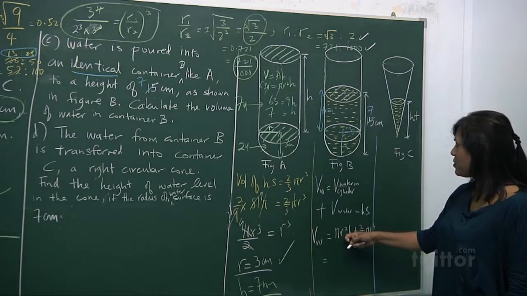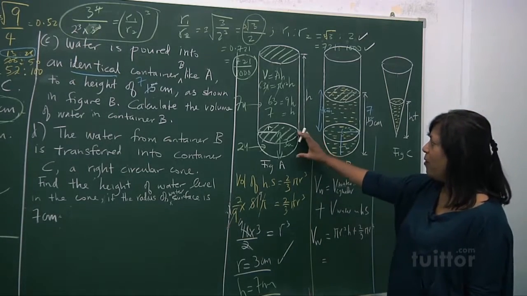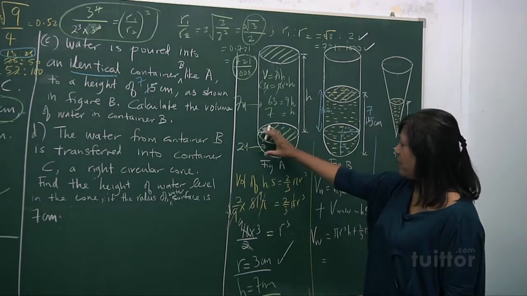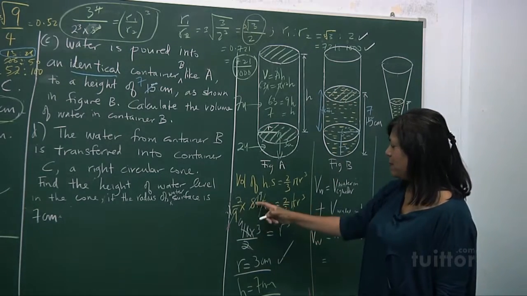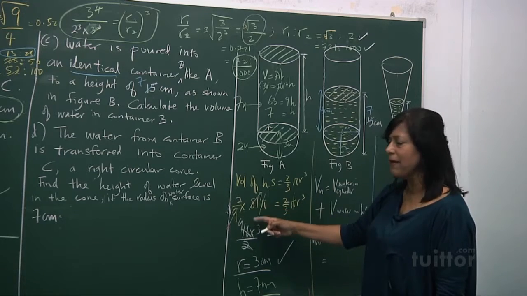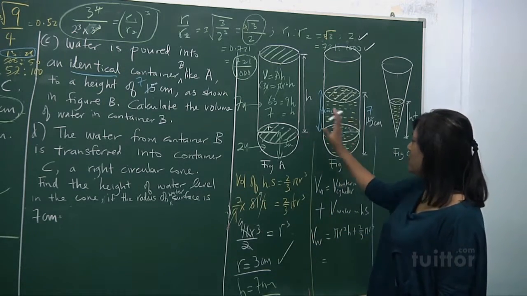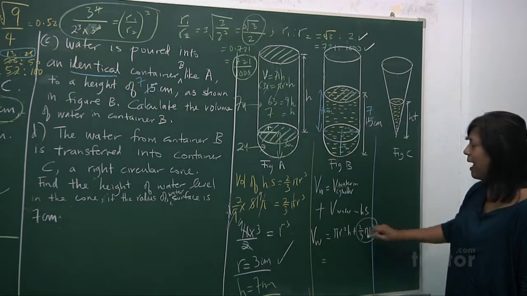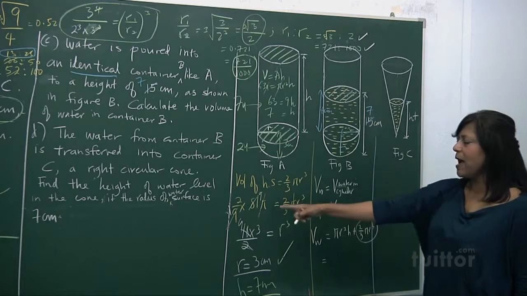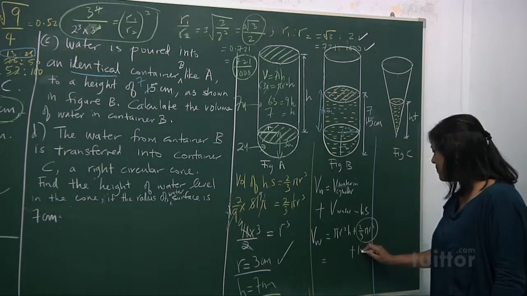The radius is 3, but earlier on we worked out this whole volume, which is 2/9 of the total volume, 81 pi, because these two are identical. So this whole thing is filled up. 2/9 of 81 pi is 18 pi.